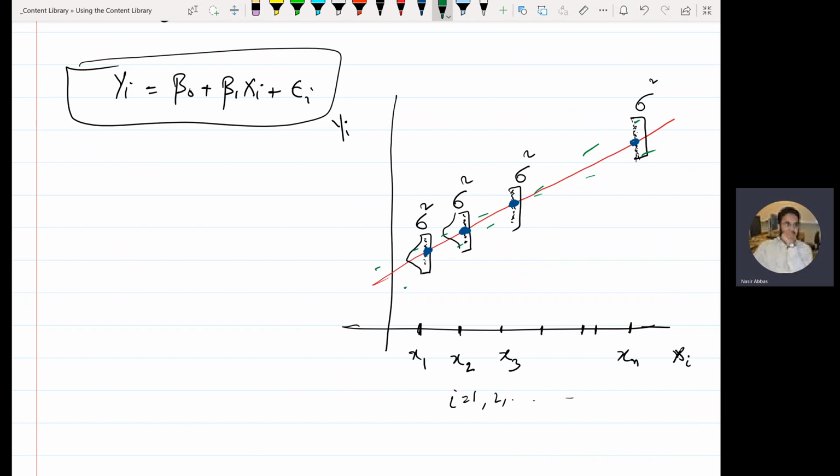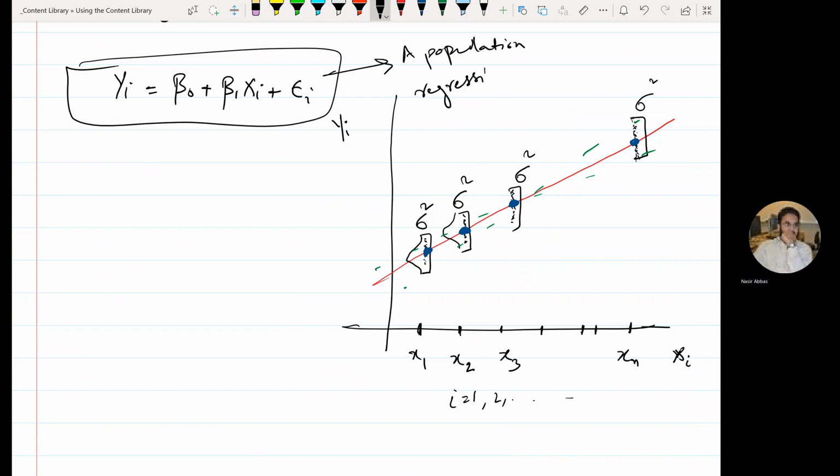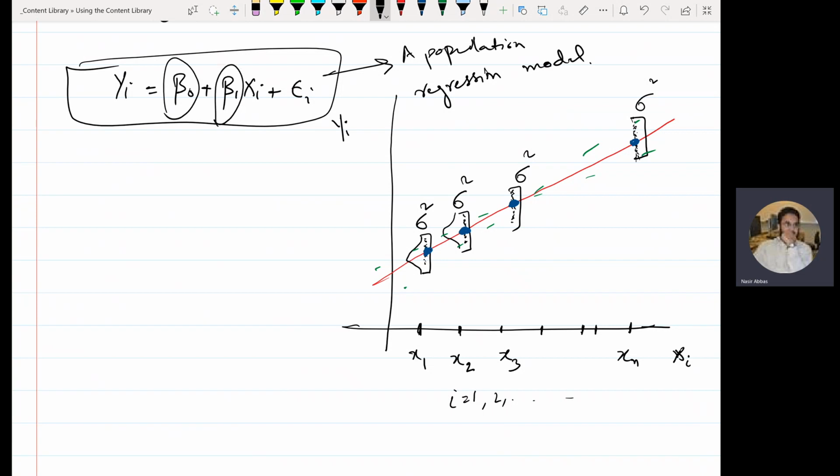So this is a kind of population regression model. True? And you're looking for an estimate of this model, in which you need the estimates of these two quantities.